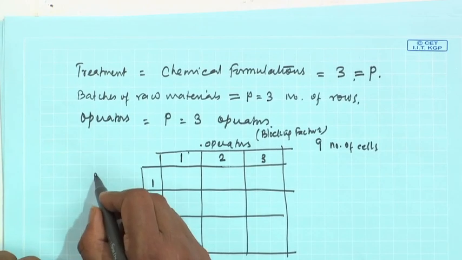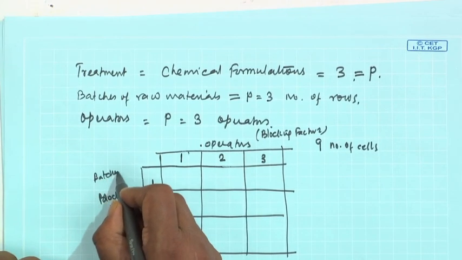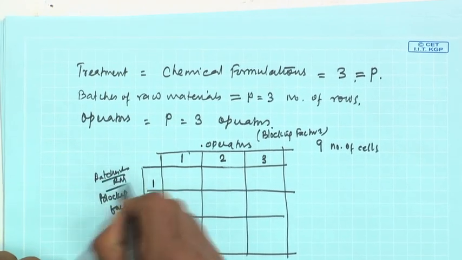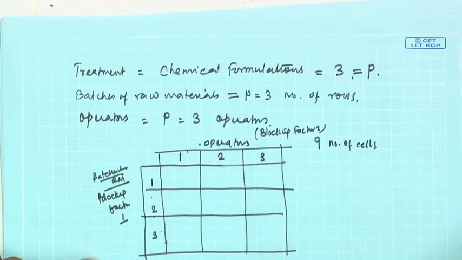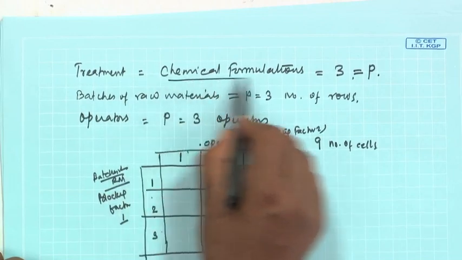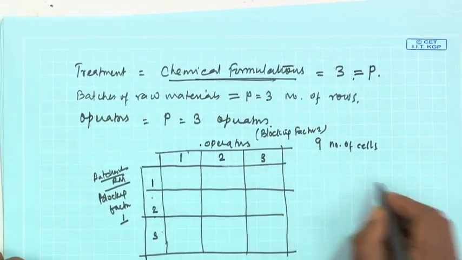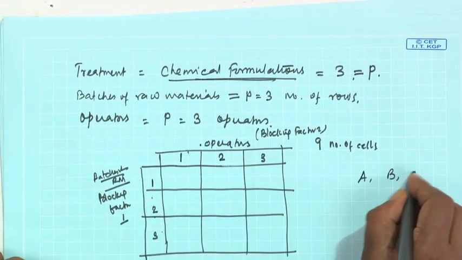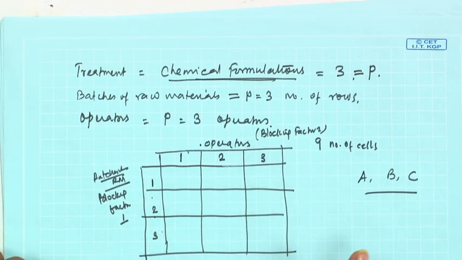Then in each cell you are putting the chemical formulation, A, B and C. You put them in such a manner that the orthogonality is maintained.